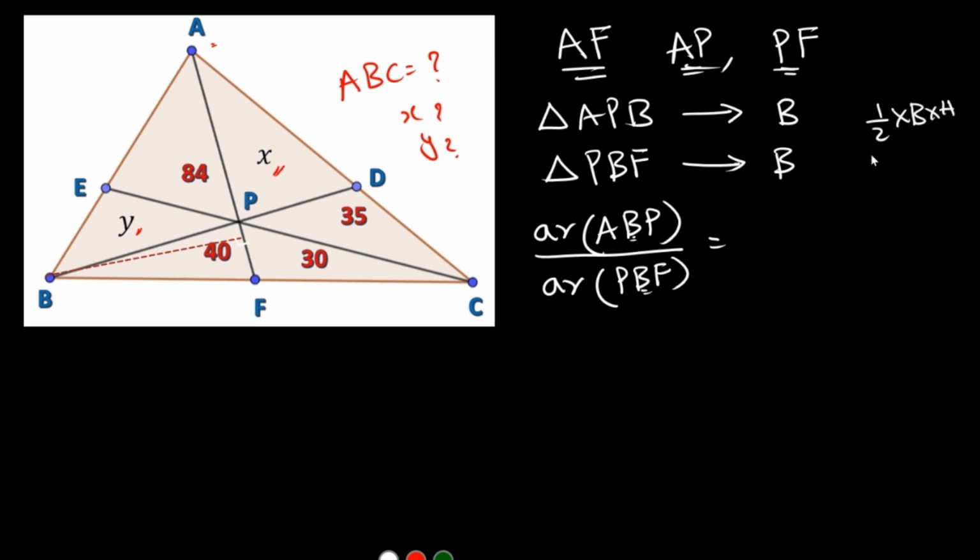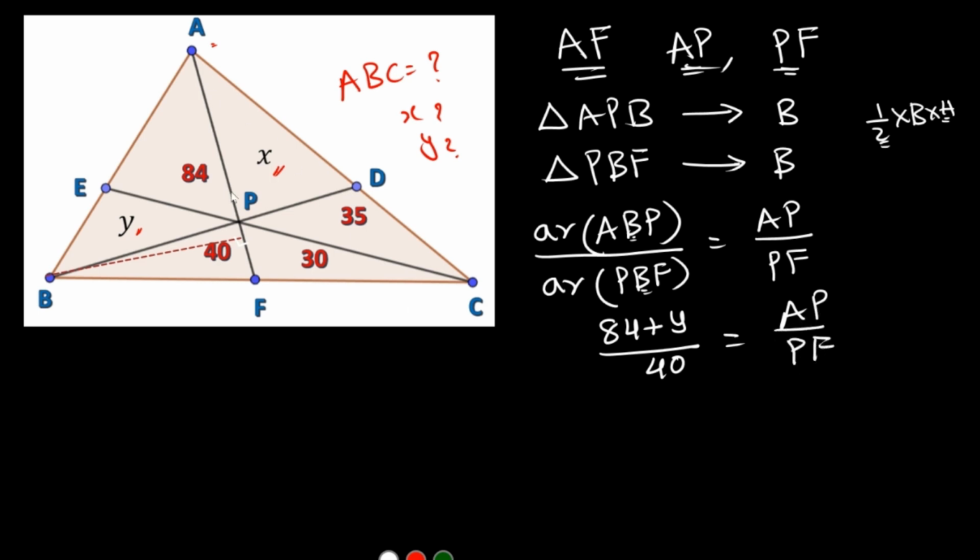These two triangles have the same height, and half is anyhow a constant, so it just becomes the base ratios. That is, for the first triangle the base is AP and for the second triangle the base is PF, right? What is the area of ABP here? The ABP area here is 84 plus Y, right? So it is just 84 plus Y upon, and here PBF is 40, equal to AP by PF.